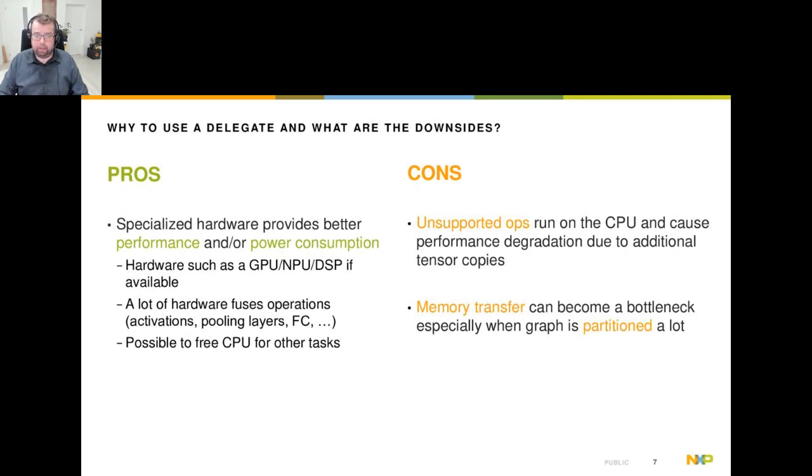So this might create quite an overhead. So in case this happens, and for example, your NPU is not suitable for the model you are executing, it's typically not the case for classification use cases, but suddenly when you are running audio models or segmentation models and stuff like that, where you have more specialized operations required, and those typically won't be supported by your NPU, then you might not want to use a delegate and just run the model on a CPU.